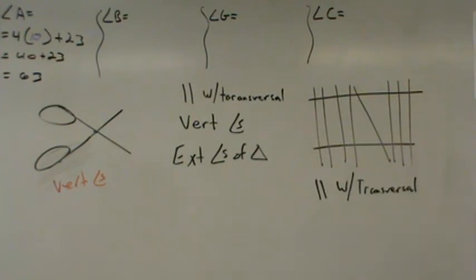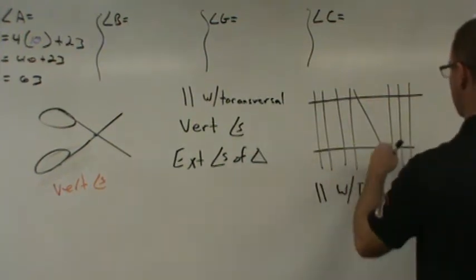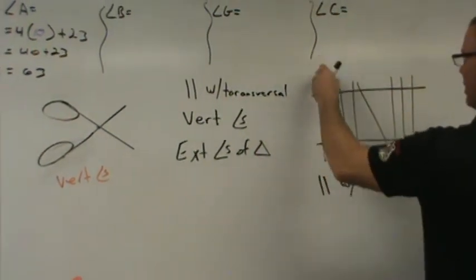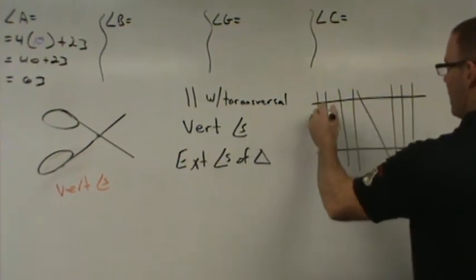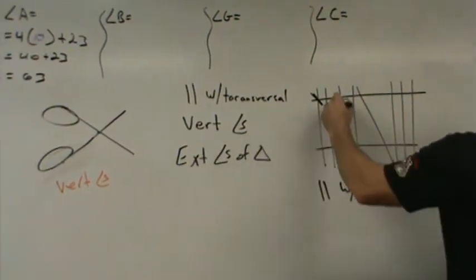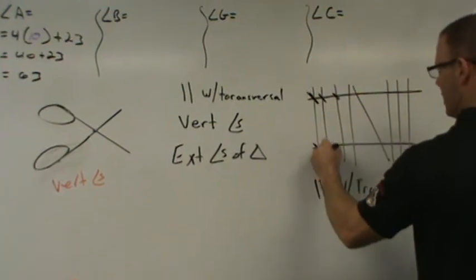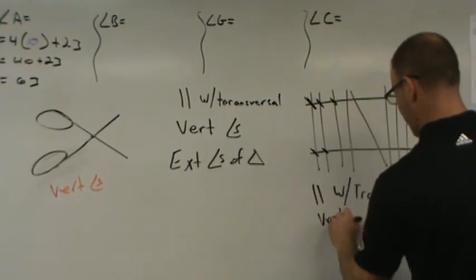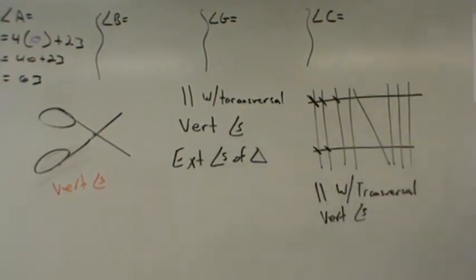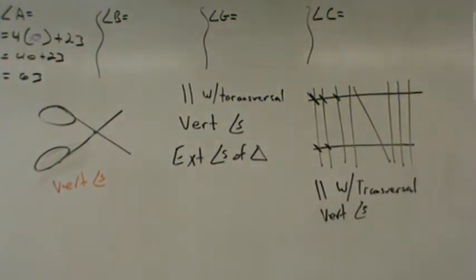Do I see vertical angles? Anytime you see two intersecting lines, here's an intersecting line, here's a line, and here's a line. Anytime you see that, you'll see vertical angles. There are lots of vertical angles everywhere. So yes, vertical angles.